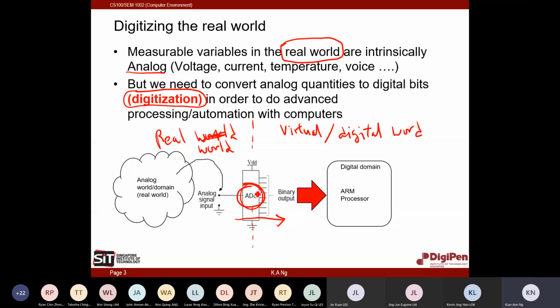This is called A to D conversion, or some people call it ADC, or analog to digital converter, right? And then the D to A converters will convert your virtual world back to the real world. That's called the D to A converter. Okay. So we may talk about digital economy, what our government has been talking about.